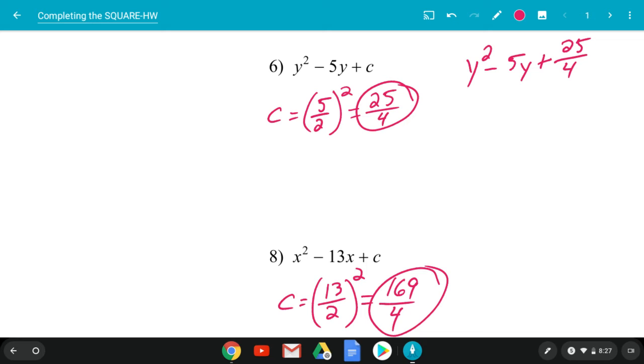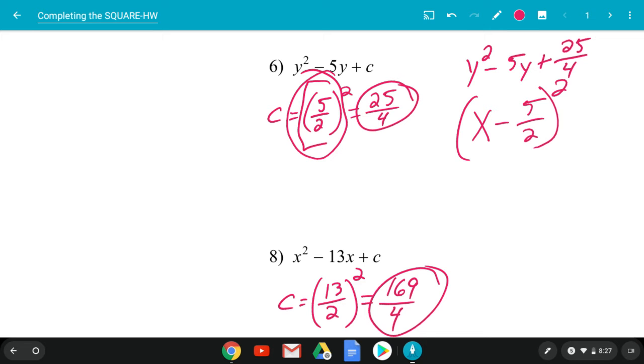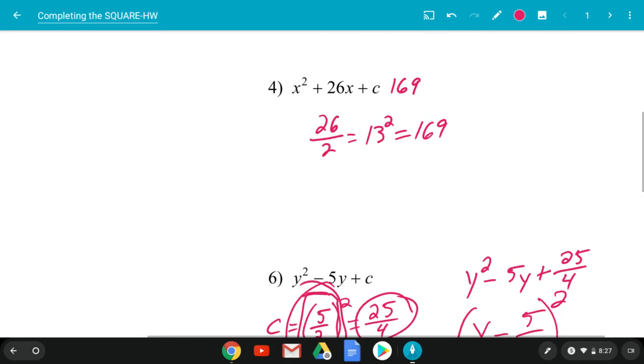But it's got a fraction in it. How am I going to factor it quickly? Well, we already know what the factored term looks like. This is going to be x minus 5 halves quantity squared. That's all it's going to be. And we already know that because we showed it right here. Cool? Just like this one is going to be x plus 13 quantity squared.